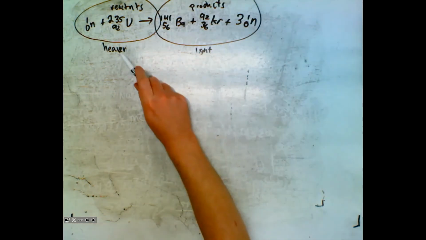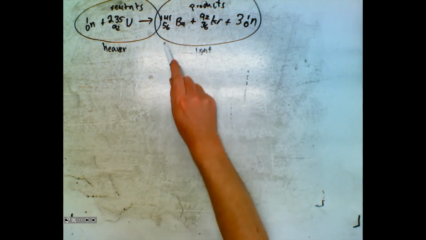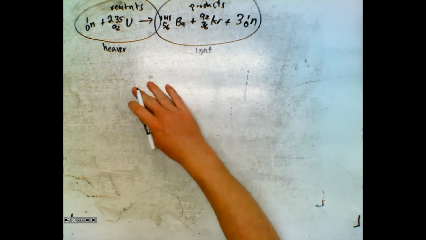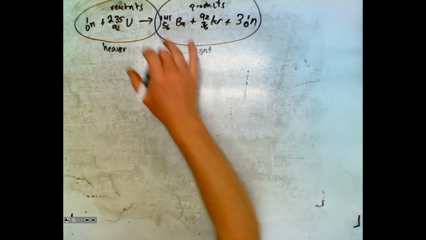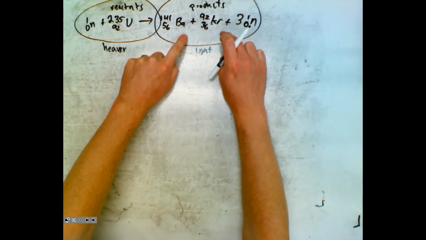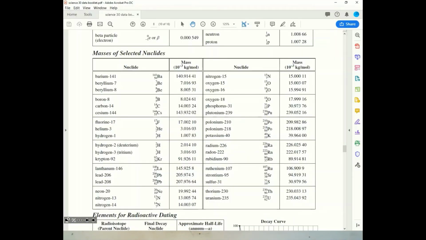So when we go from heavier to lighter, there's a difference in mass, and that difference in mass is converted into energy, and that's where the energy comes from, is that difference in mass. So we just need to find the mass of these, and we need to find the mass of these, and subtract them. That's all we do. And we can find the masses on our data booklet.